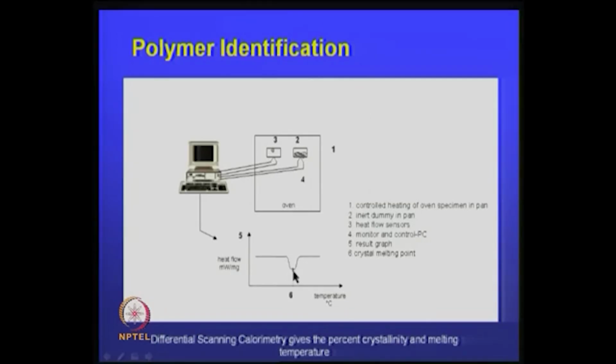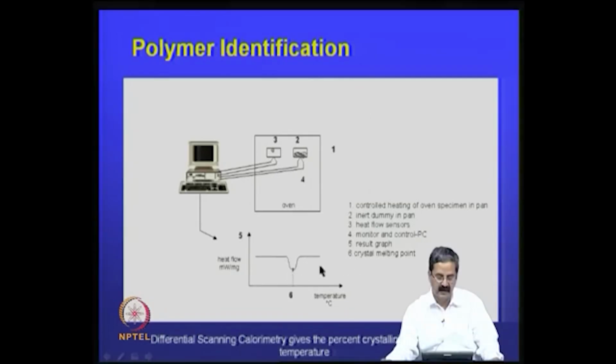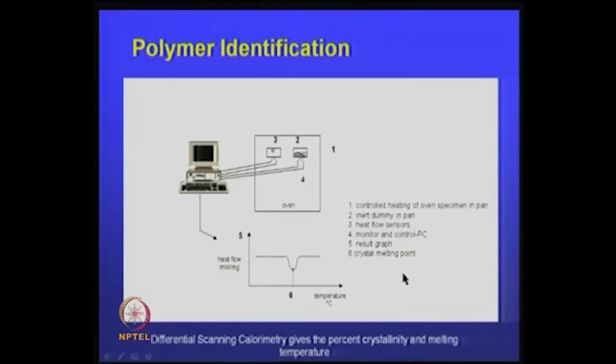For example, here you have a crystal melting point, which is number 6 here, on this graph. The crystal melting point is a function of the type of polymer you have, and so that can be used as a basis to identify the type of polymer.